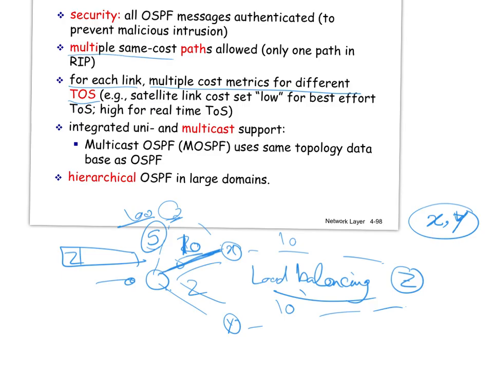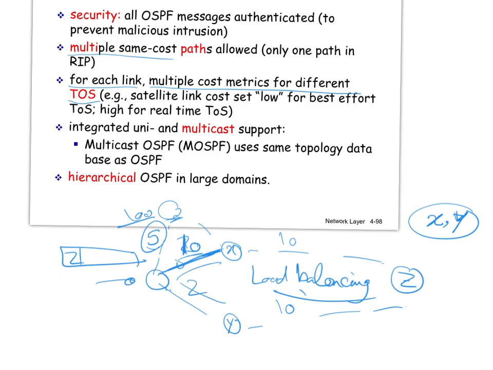So if a person is browsing the internet, I will force the traffic for that particular application to go through the satellite, because the person doesn't care whether it's delayed or not. So this is an implicit way of doing load balancing on the same link.